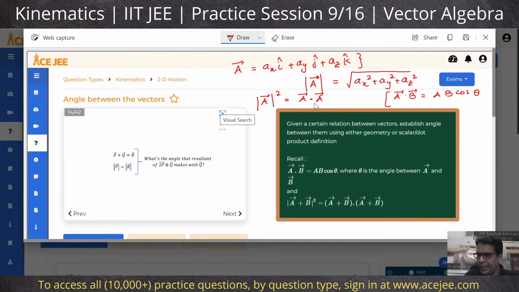If I write A dot A, what I get is A square. So you can write the magnitude by simply writing A or by using this kind of notation. Now, if I were to write A as a sum of two vectors, say B plus C, then even this would be correct, no?